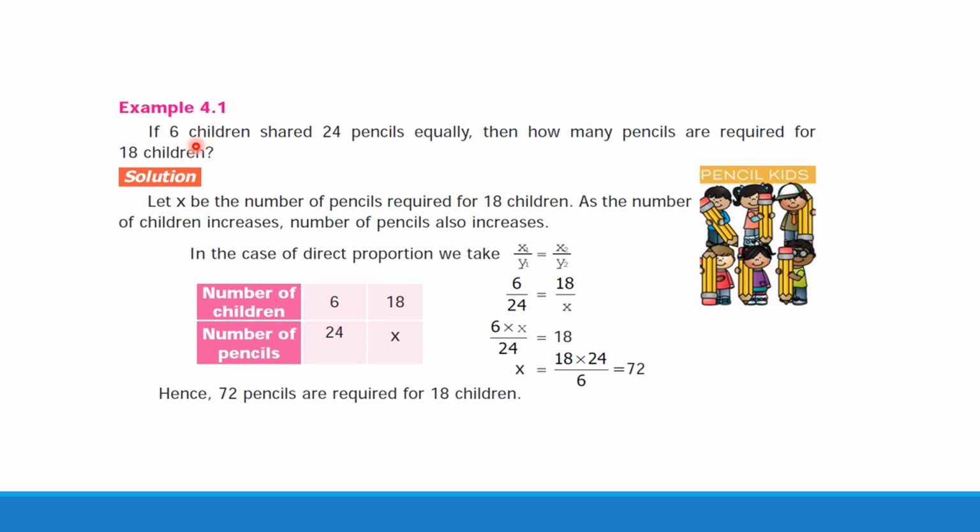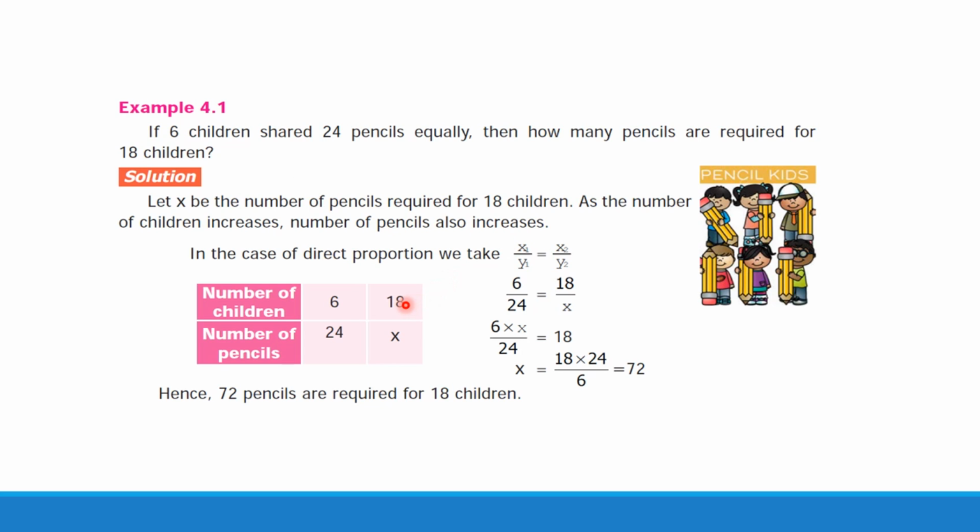You take the number of children as x1, this is x2, and the number of pencils y1, this is y2. So here x by y. So 6 by 24 equal to 18 by x. So cross multiply. 6 into x equal to 18 into 24.